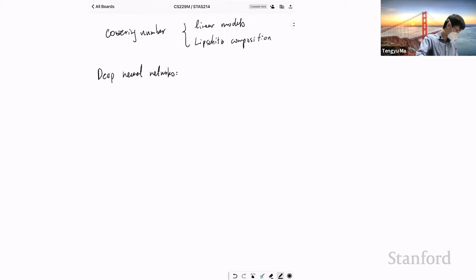Okay, let's continue. We have a neural network. The setup is that we have some neural network that's called H theta. Theta is used to denote a set of parameters, and we have R layers.